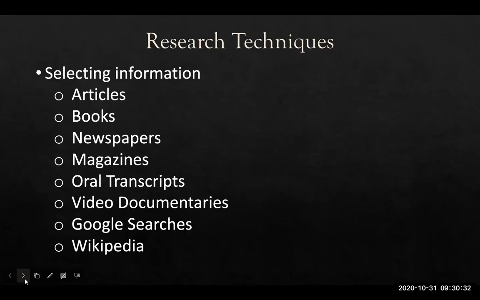So books are a source, but you got to be careful about what kind of information you get out of the books themselves. Maybe that particular book, the person that wrote it is an expert on that subject, and so therefore, that's a good source to use. Maybe they're not an expert on it.